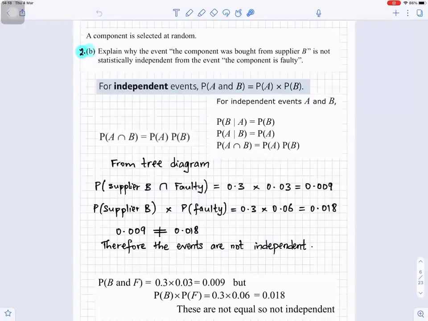Question 2b. A component is selected at random. Explain why the event the component was bought from supplier B is not statistically independent from the event the component is faulty.